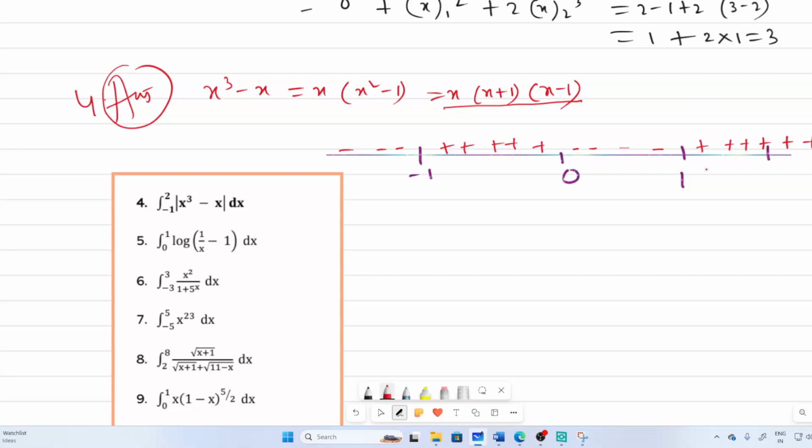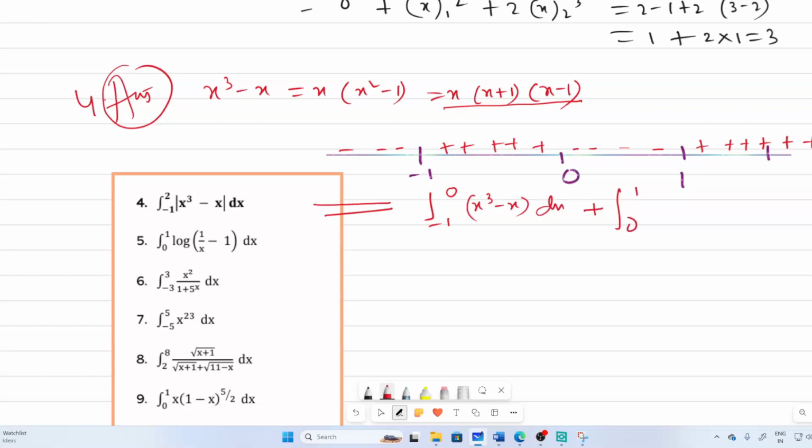Now this one is just a one-step sum. Why? Because now we'll write this integrand as the integral from minus 1 to 2, split as minus 1 to 0, where it has the same sign. From minus 1 to 0 it is positive, x cube minus x dx.